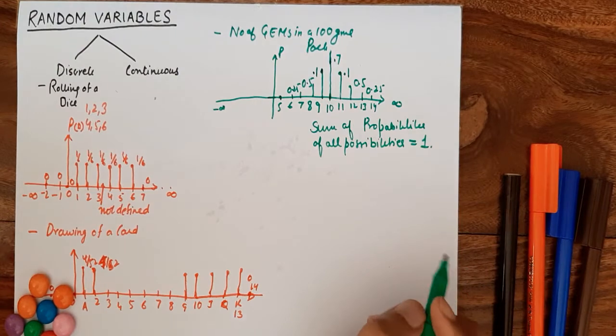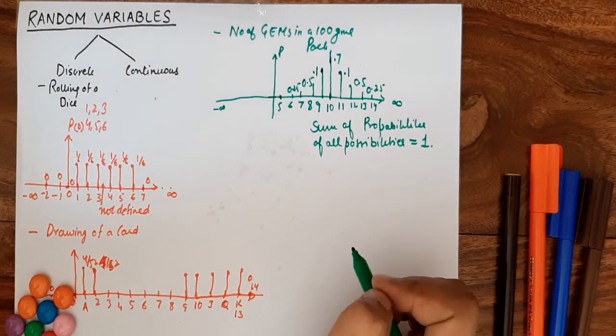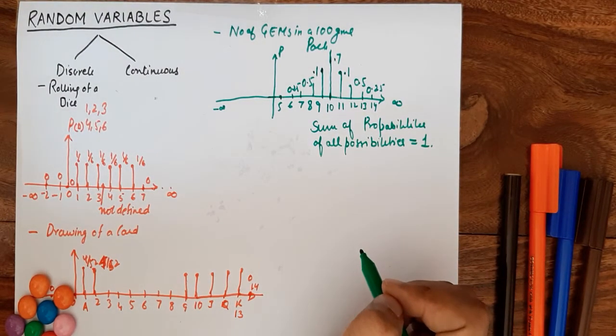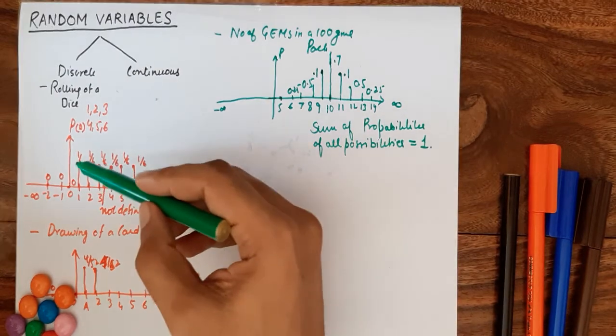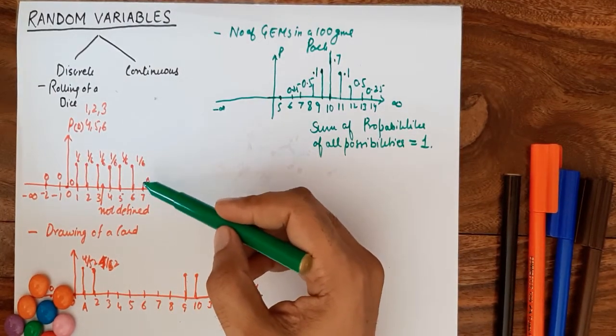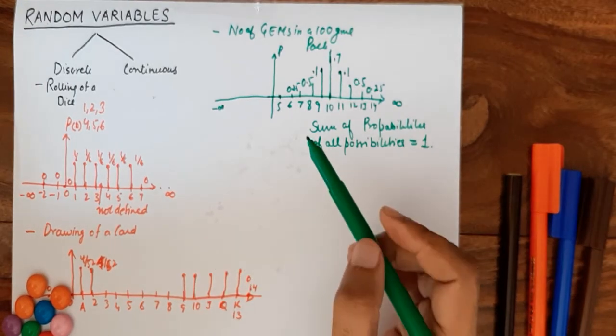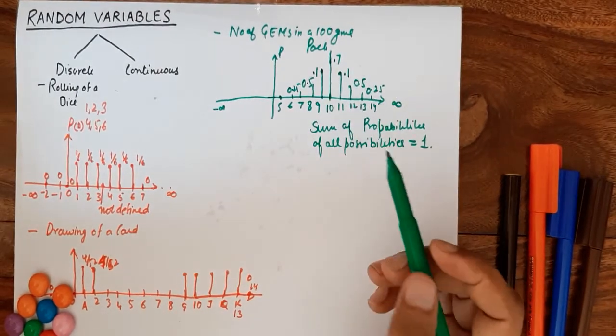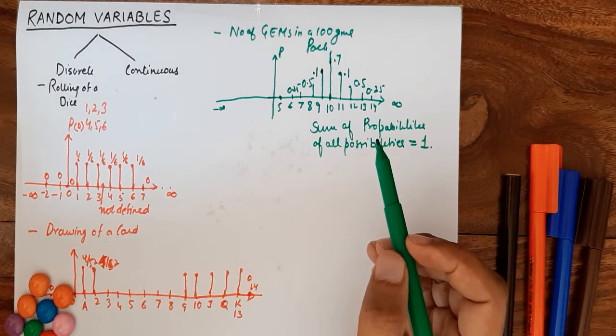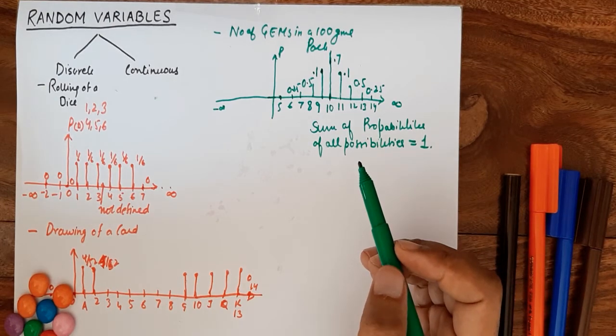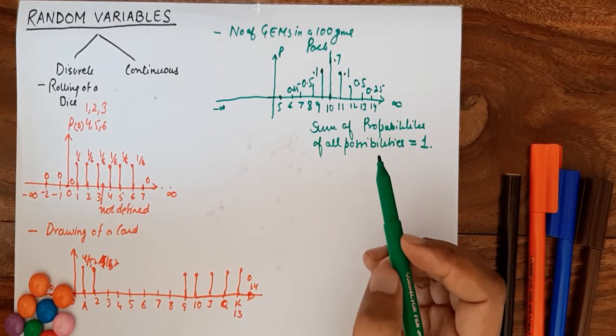Now, keeping this in mind, we have a generalized idea of what a random variable is. So it need not have equally likely events all the time, as I illustrated with the case of gems. So we could have some event which could be discrete and still have a non-uniform probability distribution.